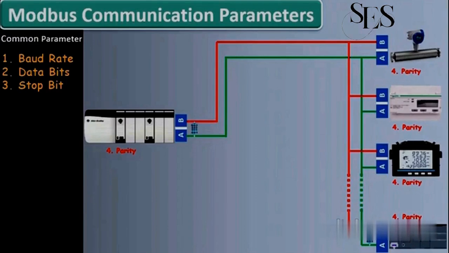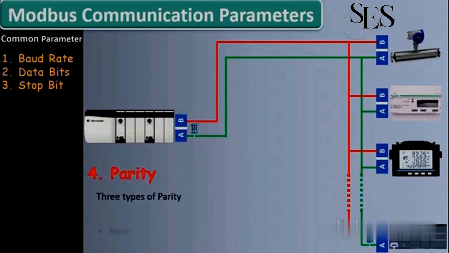There are three types of parity: none, odd, or even. Usually no parity is used because the protocol used on RS485 has its own way of checking errors.